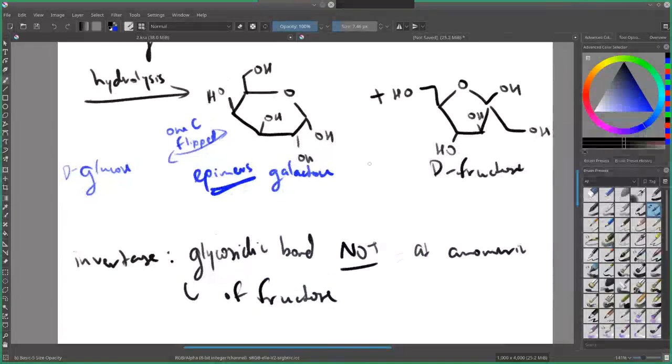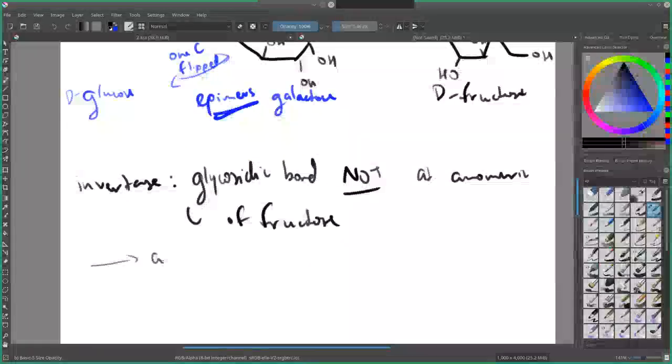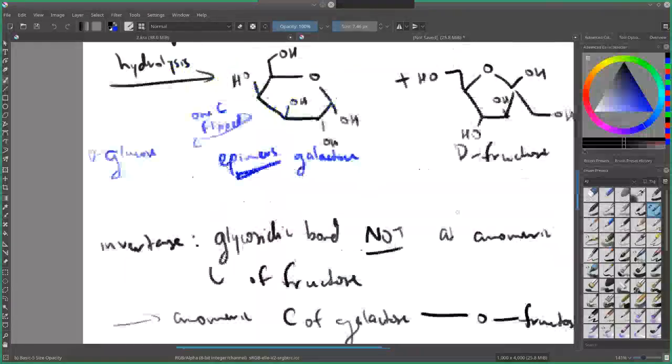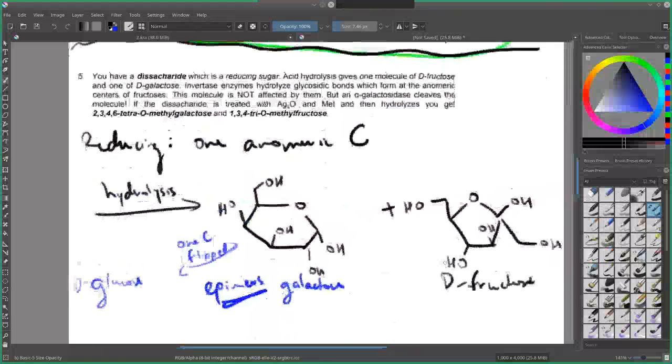Meaning it's at the anomeric carbon of galactose. So the anomeric carbon of galactose is bonded to an oxygen, which is bonded to fructose at some position. Here we go. Alpha galactosidase cleaves the molecule.